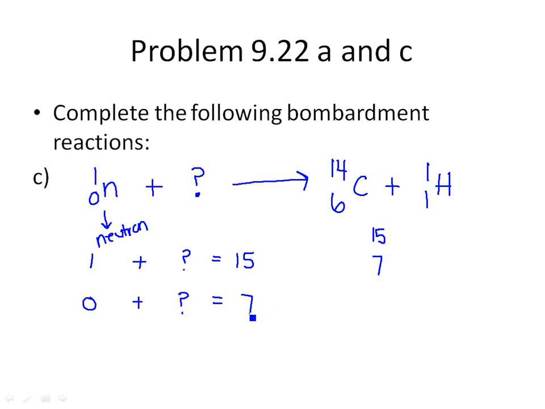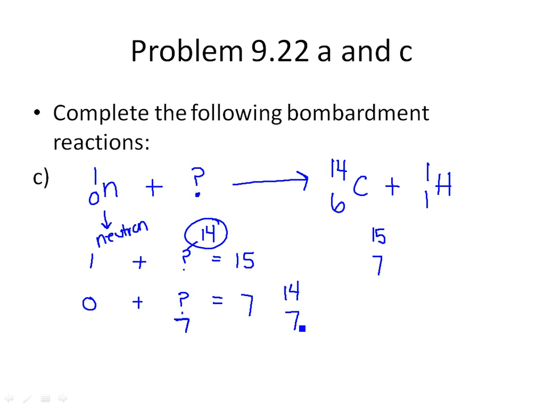So if we fill in the blank here, we would have to have a 14, and we have 0 plus 7 equals 7. So our mass number is 14 and our atomic number is 7.